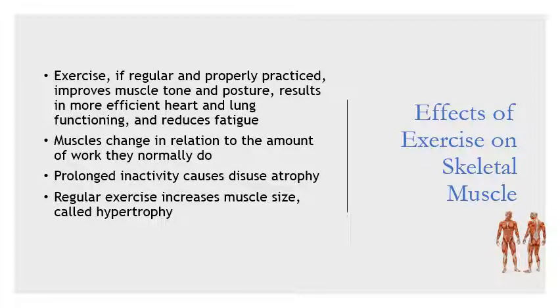Prolonged inactivity causes disuse atrophy. Regular exercise increases the muscle size and causes hypertrophy. So I want you to look at two parts of those two words. Hyper would be what? More.